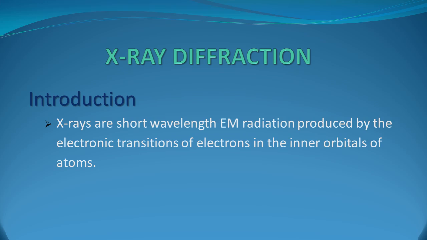Today we are going to discuss X-ray diffraction. Before that, we have to know what X-rays are. In the electromagnetic spectrum, X-rays are categorized in the shorter wavelength region, and these are produced when an electronic transition occurs between the orbitals of an atom.